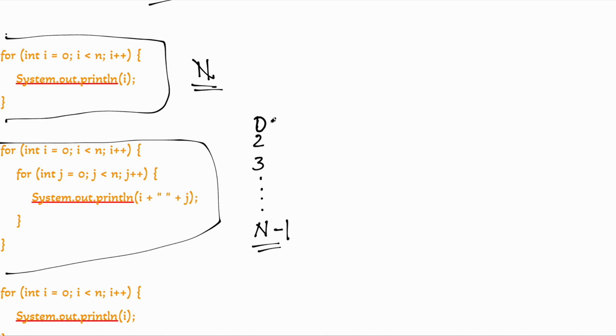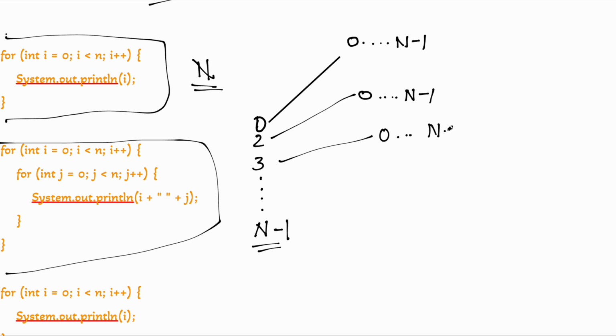So for the first number it is iterating from 0 to n minus 1, for the next it is iterating from 0 to n minus 1, and so on till the last one, 0 to n minus 1.